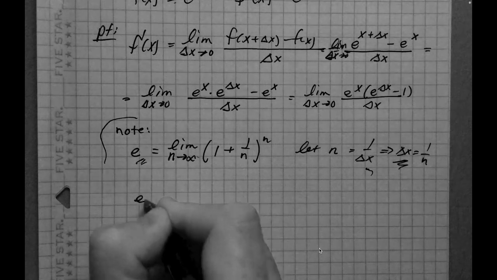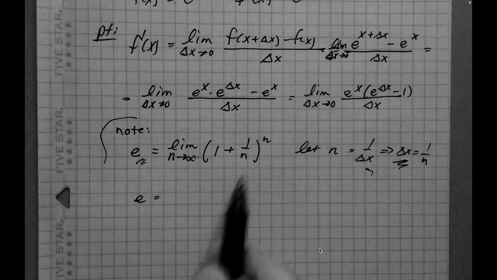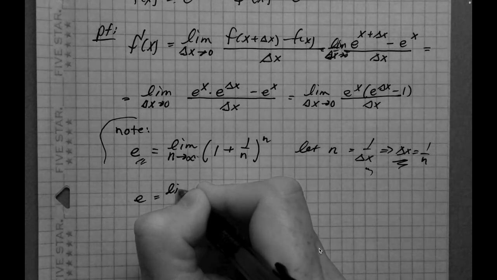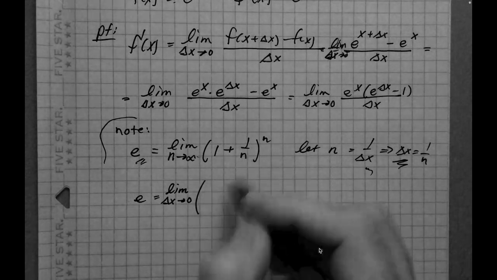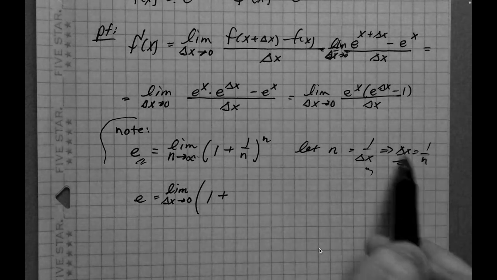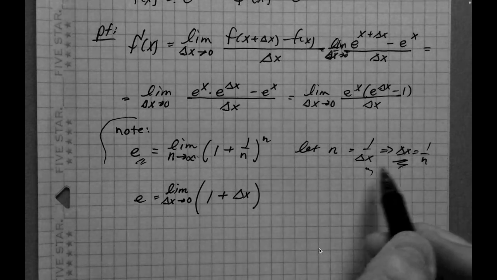Well, what you'll see is that e equals the limit as n goes to infinity. Well, if n is 1 over delta x, then e is the limit as delta x goes to 0. And then inside here, instead of 1 plus 1 over n, since 1 over n is delta x, we're going to put delta x here. And then instead of n, we're going to put 1 over delta x.